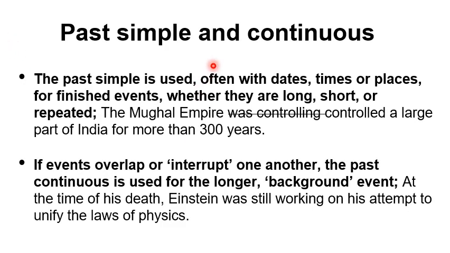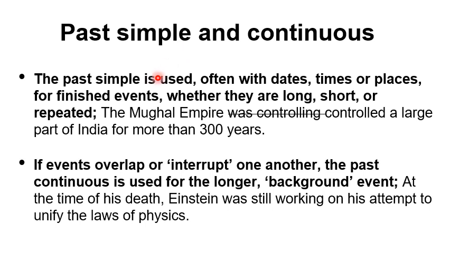Past simple and continuous is the second tense we need to revise. First, we use past simple with events that already finished, events that occurred in the past before the time of speaking.